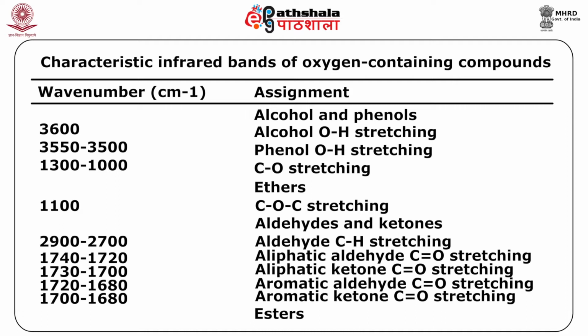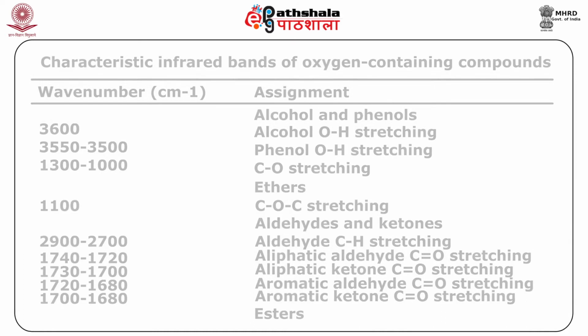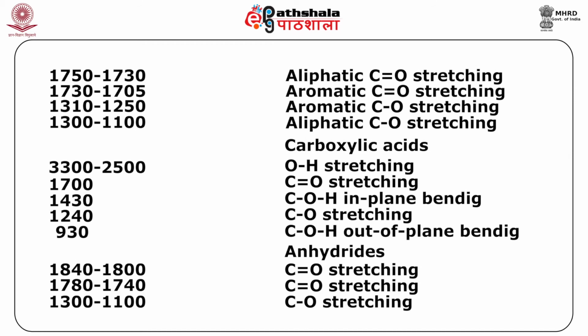The different frequencies of these functionalities can be explained by the inductive effect, mesomeric effect, hydrogen bonding, field effect, steric effect and ring strain. Now these factors either increase or decrease the stretching frequency of both the aldehydic and ketonic group compared to the normal value of 1715 cm⁻¹, which belongs to a saturated aliphatic ketone.